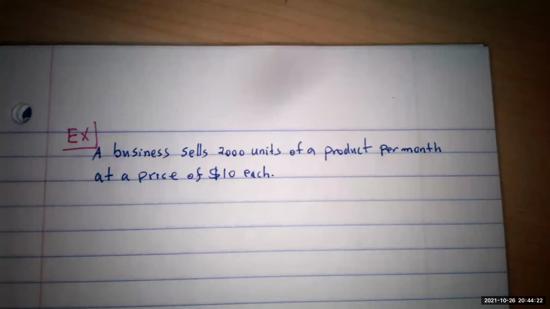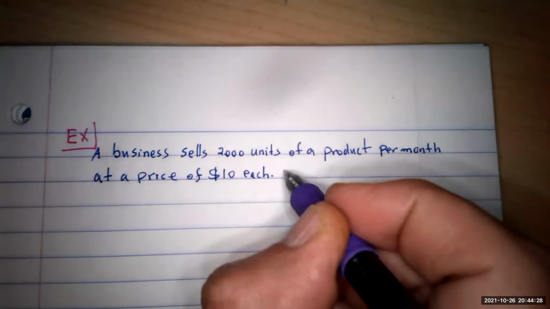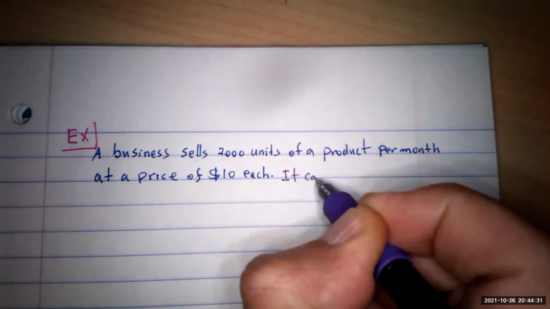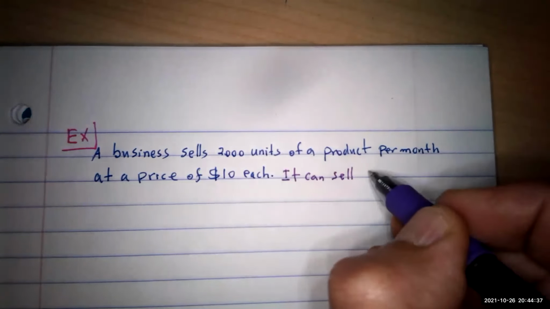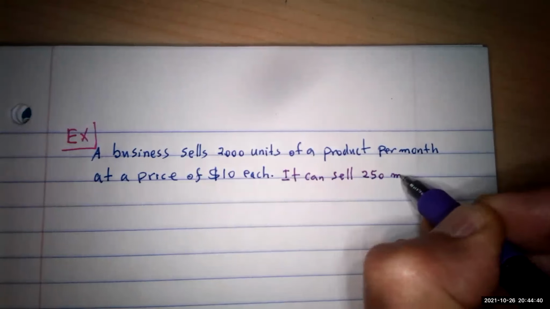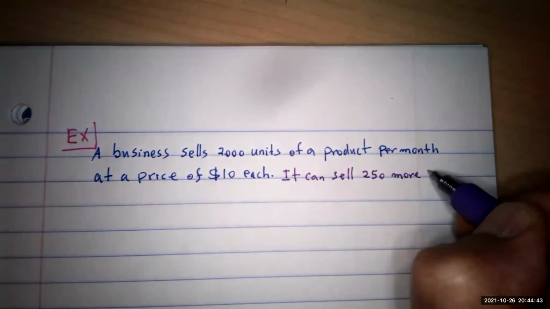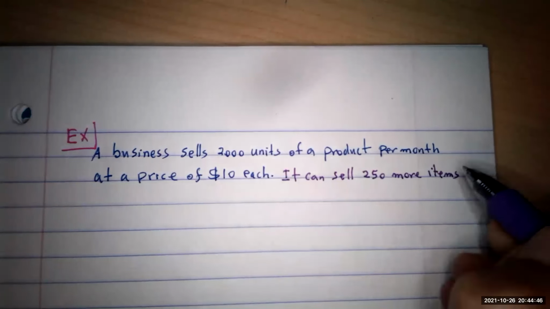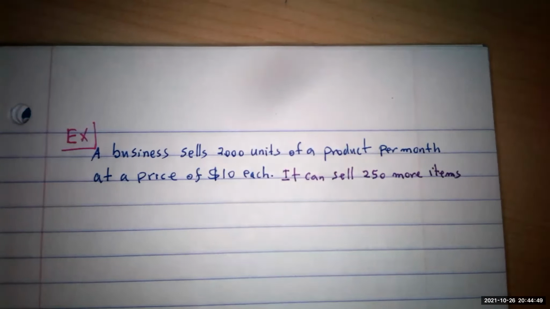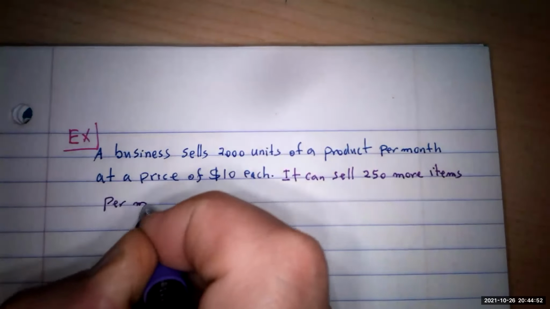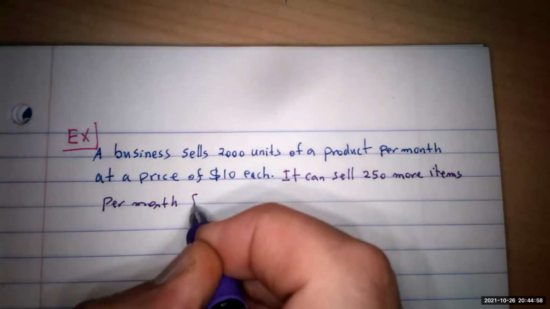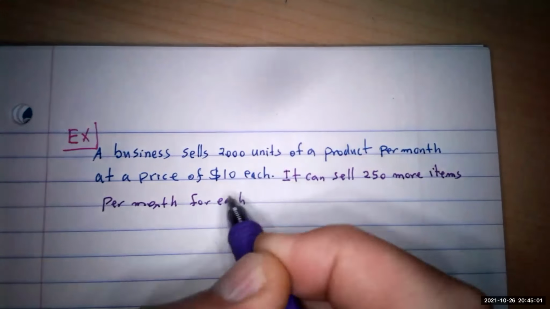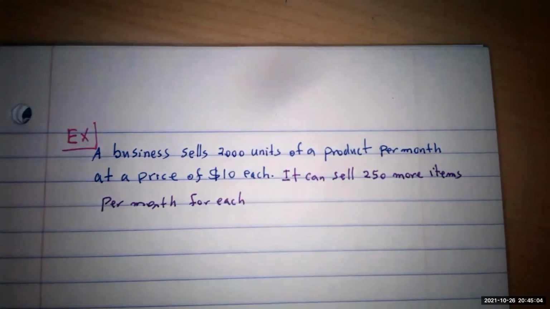Now you want to make more. So how are you going to make more? You are going to offer a discount. So it can sell 250 more items of whatever it is, items per month, for each 25 cents reduction in price.